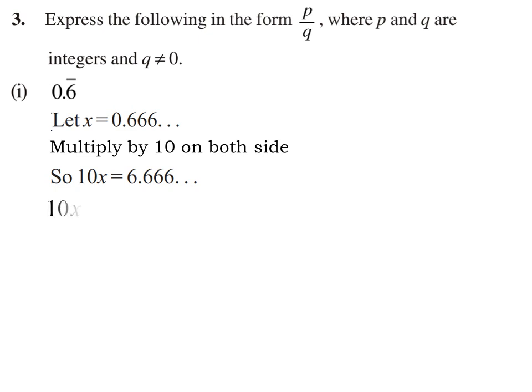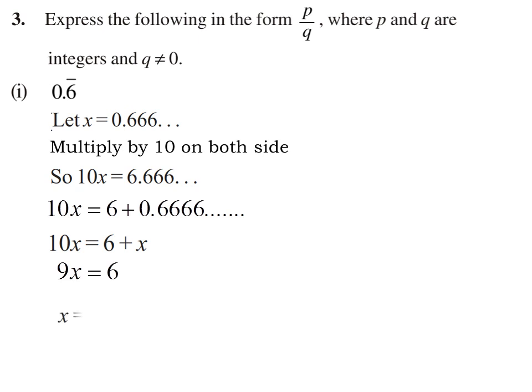So I can write 10x equals 6 plus 0.666 up to infinite times. So it will become 10x equals 6 plus x. Now taking x to the left hand side, I will get 9x equals 6. Therefore I can say x equals 6 by 9, or after simplification it is 2 by 3.